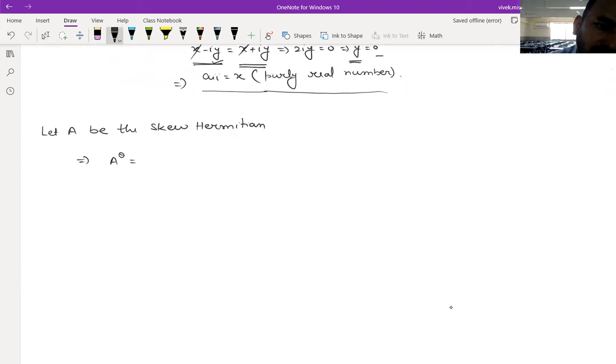A theta is equal to minus A. That means A conjugate transpose is equal to minus A. This implies Aij conjugate transpose is minus Aij.